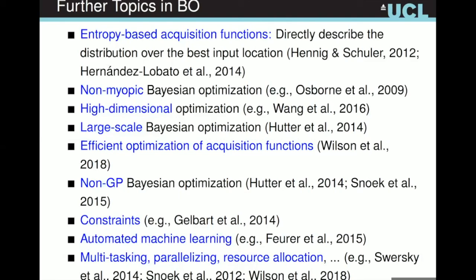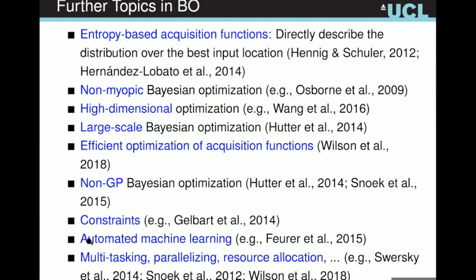So if you're interested in this kind of work, then please have a look at this paper here. There is work on using non-Gaussian processes for Bayesian optimization, for example, random forests or Bayesian neural networks. Bayesian optimization with constraints. So it's basically constraint optimization within Bayesian optimization.